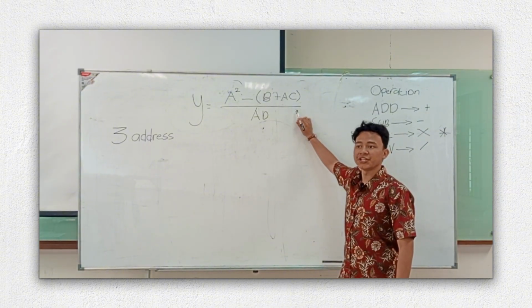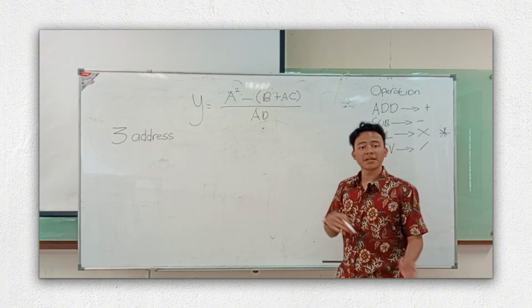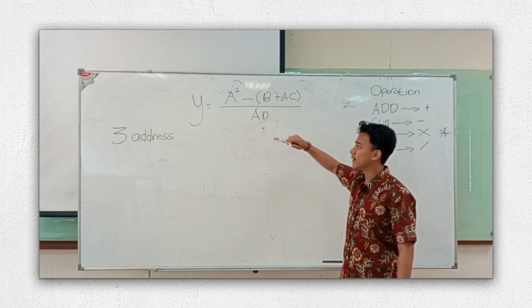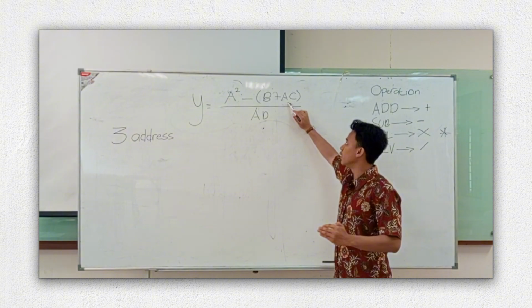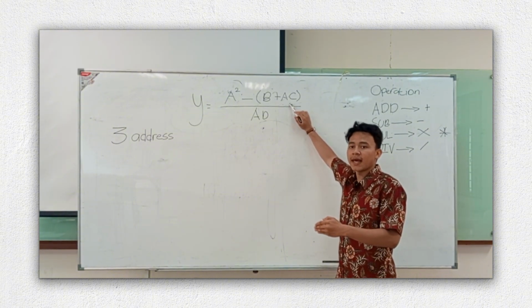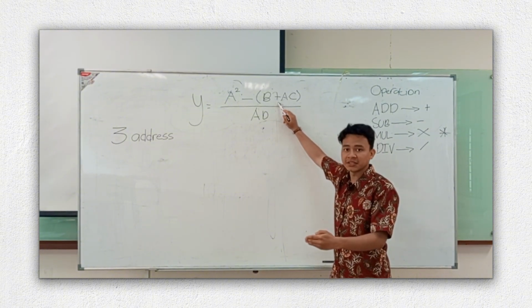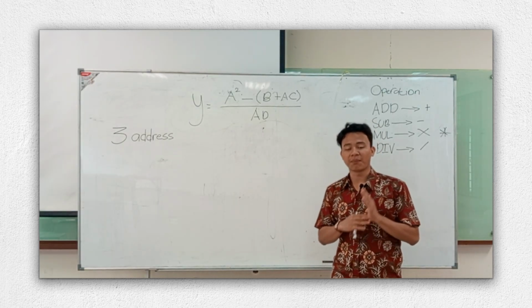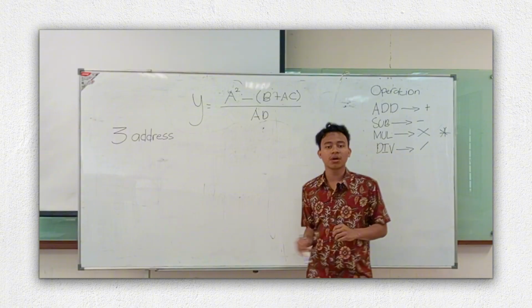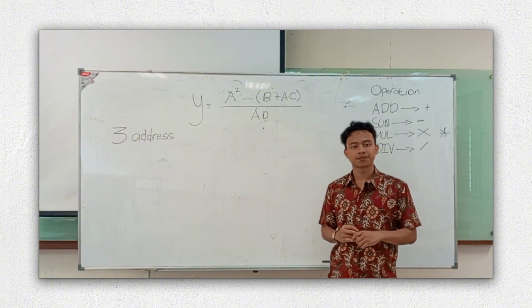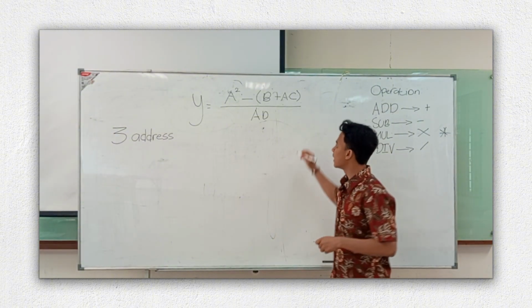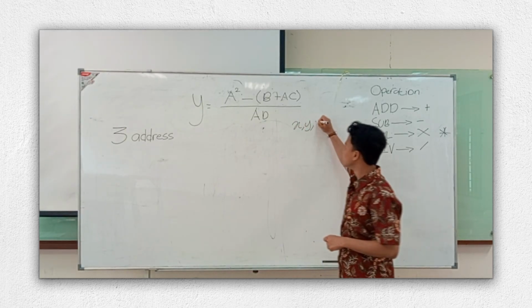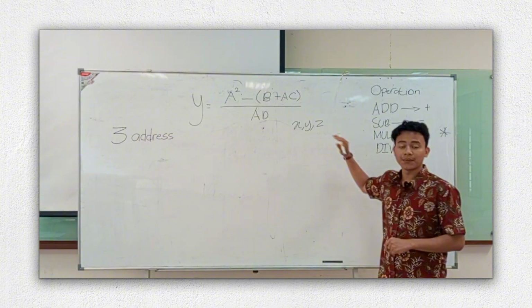In these situations, we need to prioritize the bracket, and then do what's inside it, in which we do multiplications first, and then additions. It happens based on the priority of the mathematical operations. These operations can be stored in temporary registers. For our case, we're gonna use X, Y, and Z as our temporary registers.